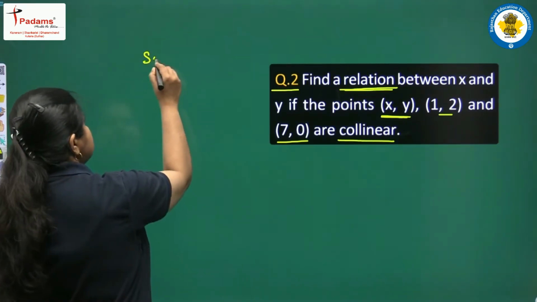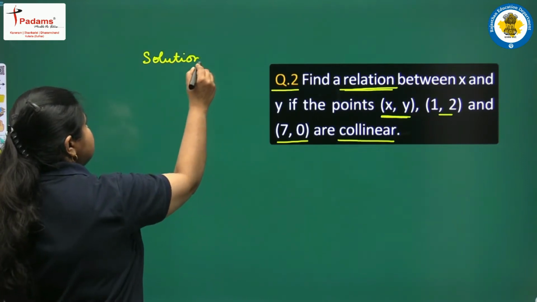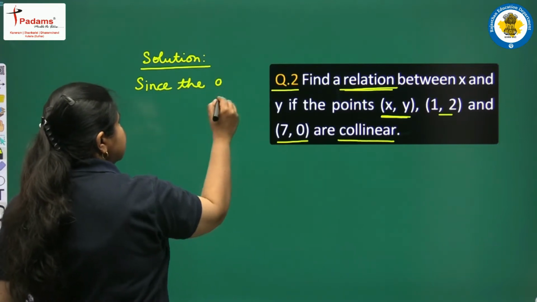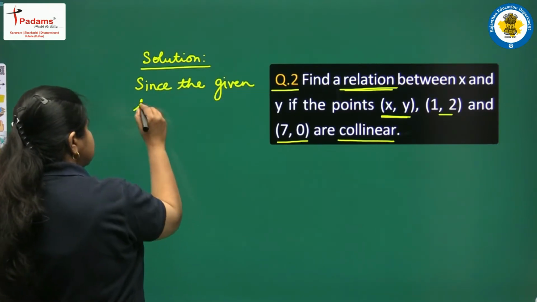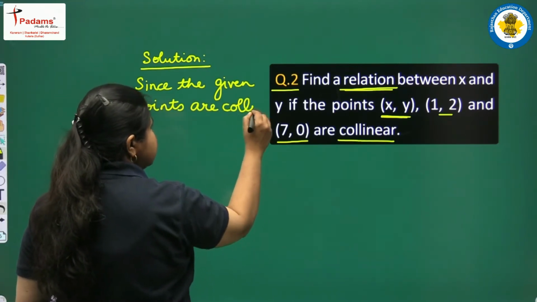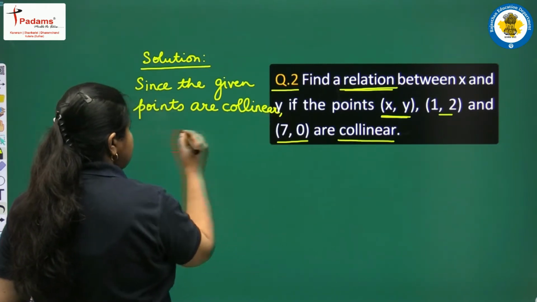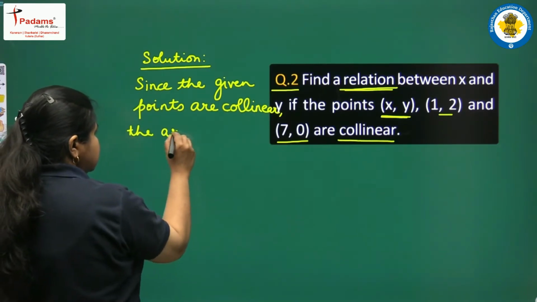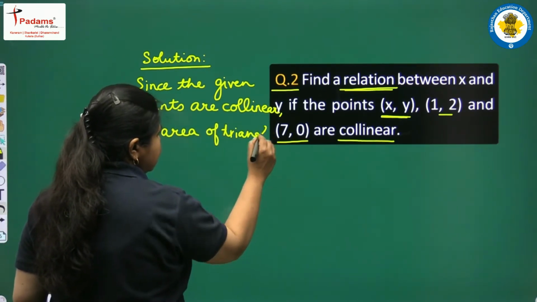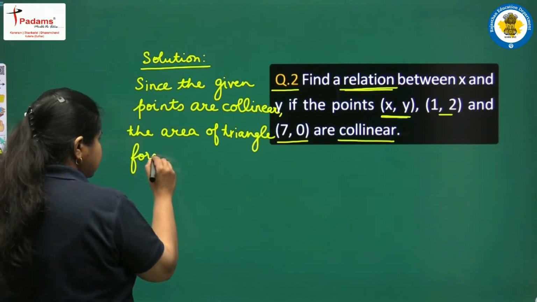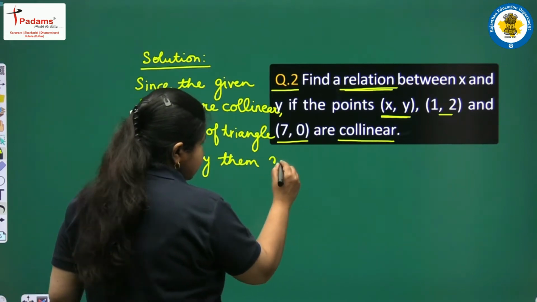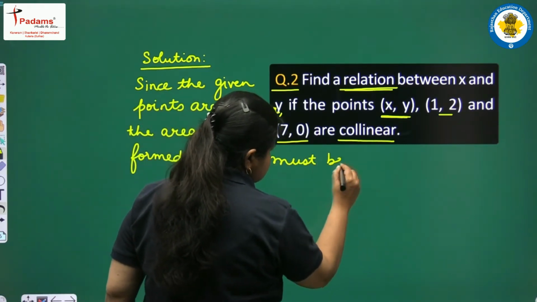We write the solution. Since the given points are collinear, this means they are lying in the same straight line, the area of the triangle formed by them must be 0.